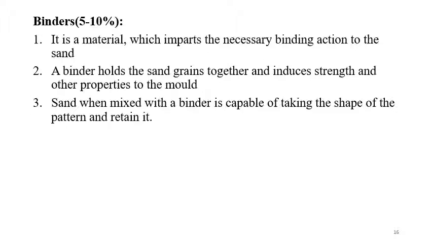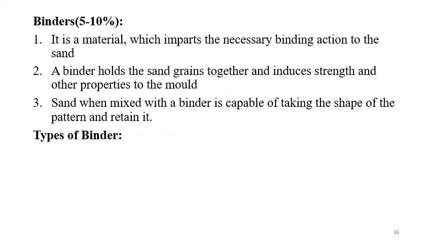It should not change the shape. Once you put a pattern inside the mold box, you fill the molding sand surrounding that pattern. Then after that you remove the pattern. You should not change the shape of the mold, so it must retain it. That's why binders are very important for three points: to improve the strength, to impart the necessary binding action, and to take the shape of the pattern and retain it in the mold box.